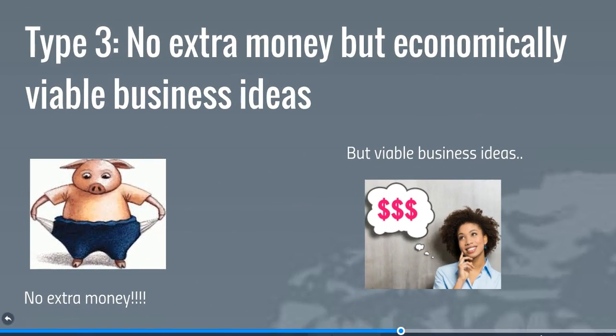Type 3 participants, on the other hand, may be entrepreneurs, startup firms, or research and development departments of a corporation. These participants typically are looking for investors to invest money in their business ideas.